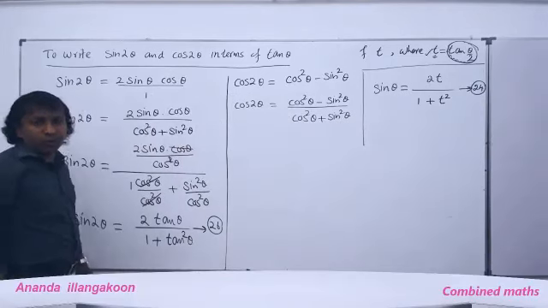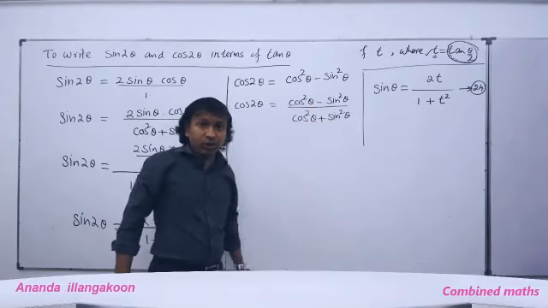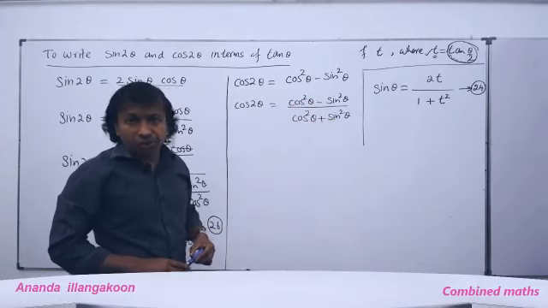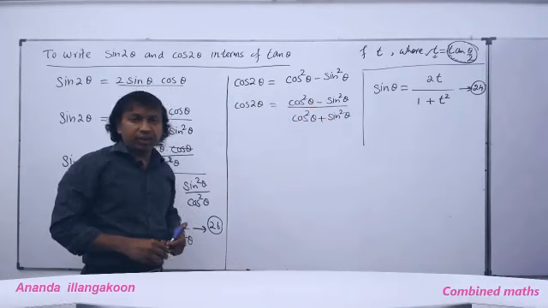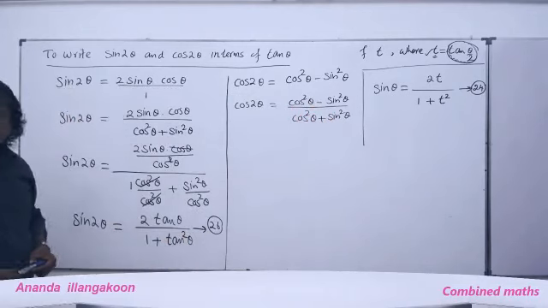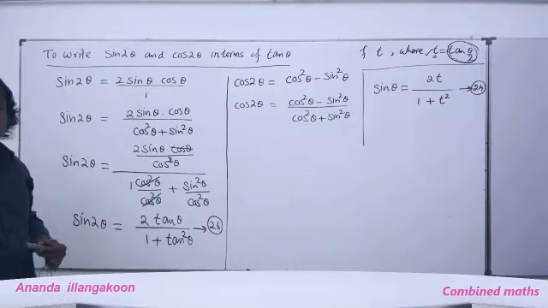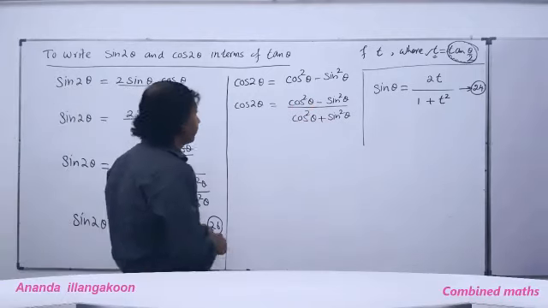Now what we do is, again, this numerator and denominator, all these 4 terms we divide by cos squared theta. Right? Then we get the formula for cos 2 theta in terms of tan theta.